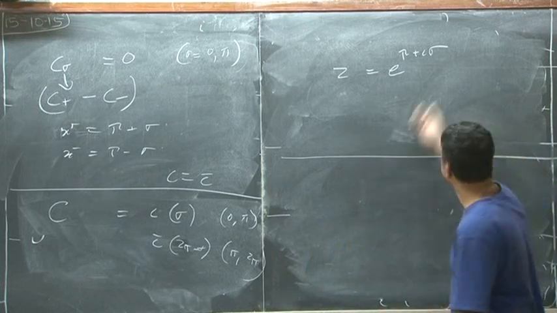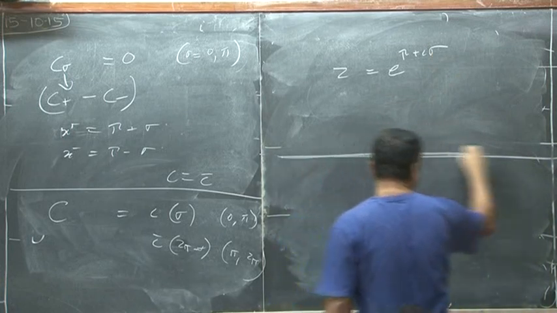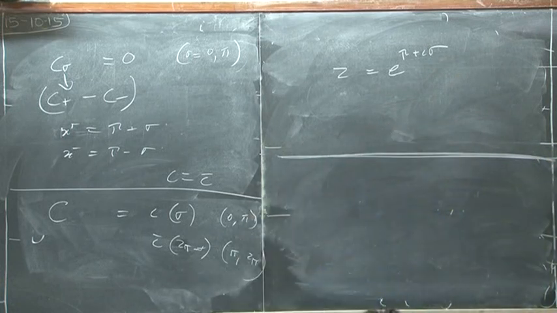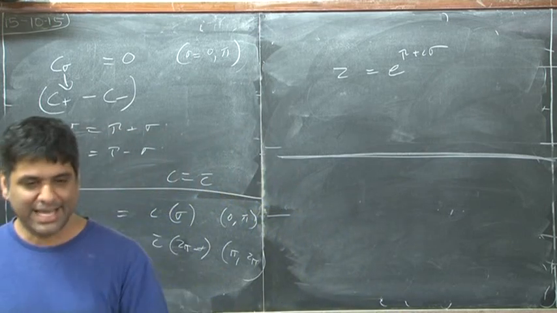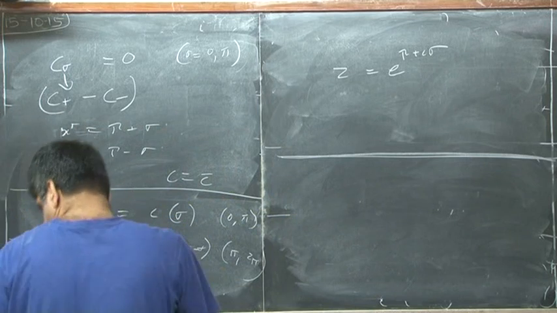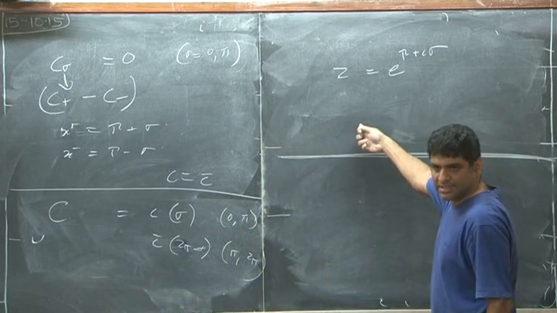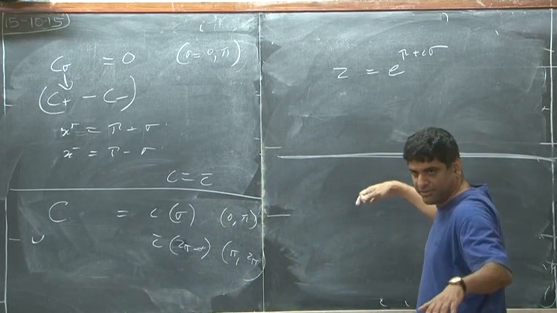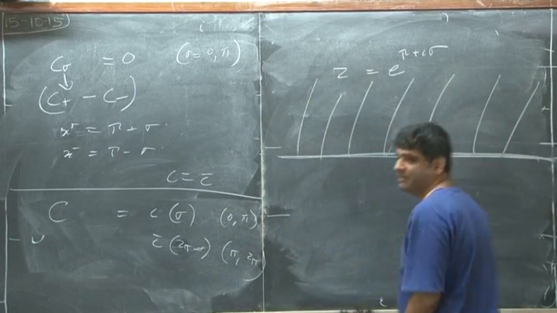Upper half plane. The argument lies between 0 and pi. So the real z axis is the conformal mapping of the boundary of the open string, and the real z axis is the boundary of the open string. This is where all our fields live.